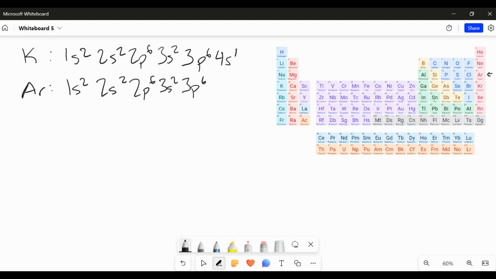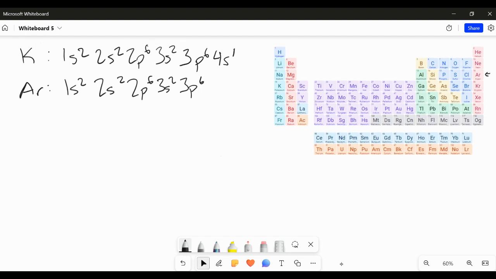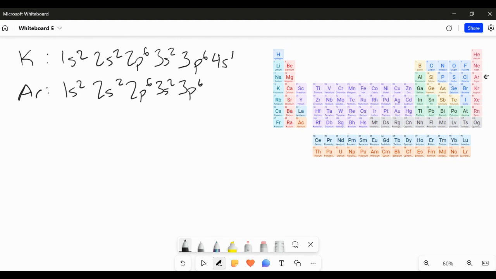So if we compare these electron configurations, we can see that actually this whole section right here is exactly the same.